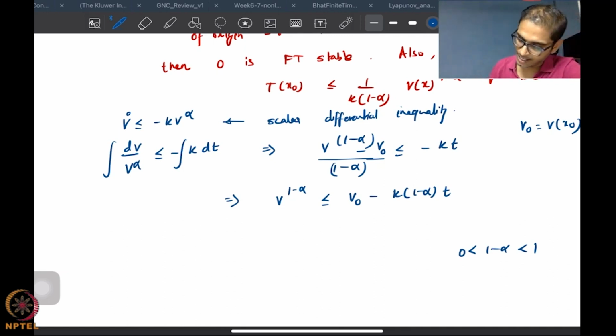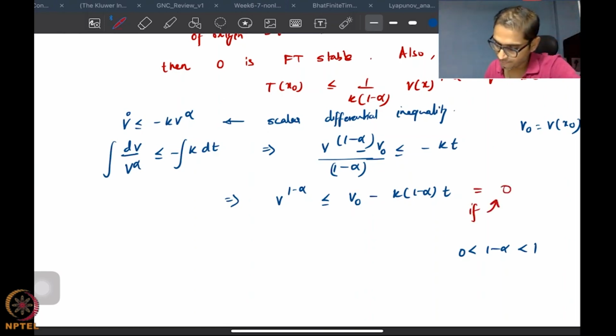This is exactly it. And now if this equal to 0 happens, then I know that V is positive definite, so it can never be less than 0, right? So I know that V will exactly be 0. And if V is exactly 0 by positive definiteness, I also understand that my states will also exactly be 0, right?